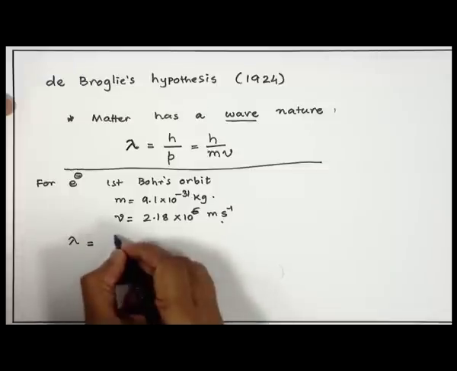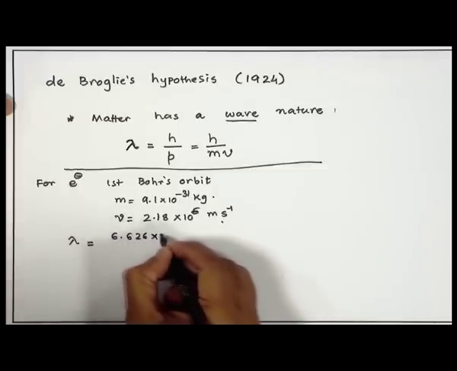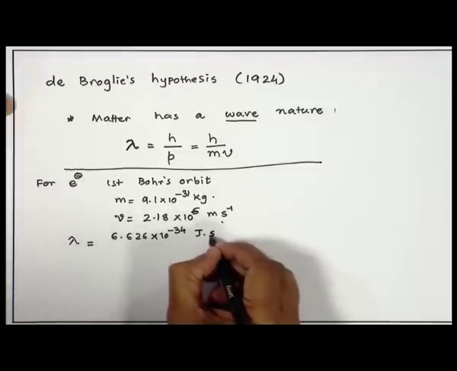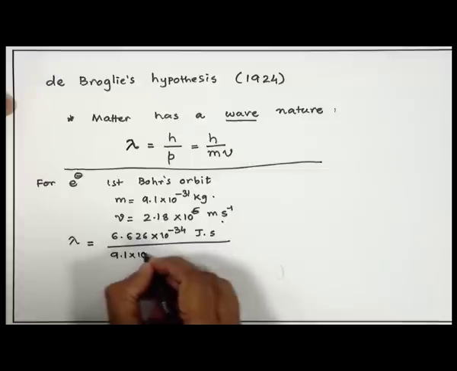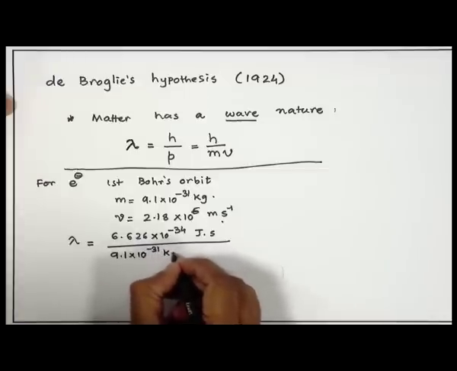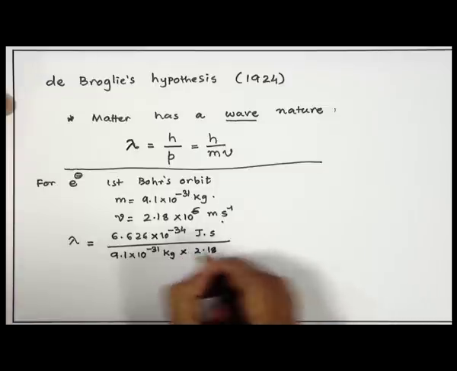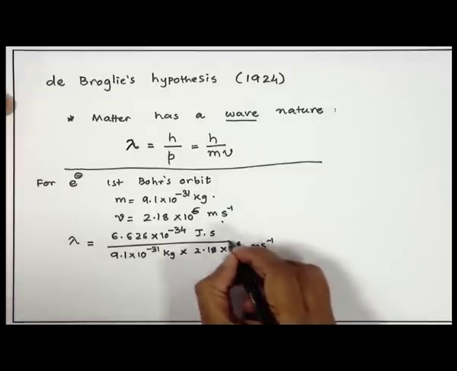So, lambda is given as h by mv. So, h I know, which is 6.626 into 10 to the power minus 34 joules second, divided by 9.1 into 10 to the power minus 31 kilogram, multiplied by 2.18 into 10 to the power 6 meter per second.